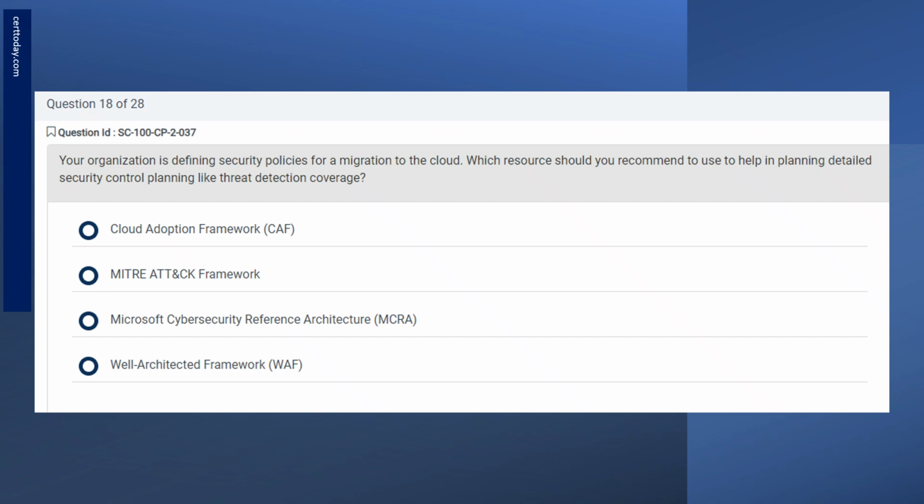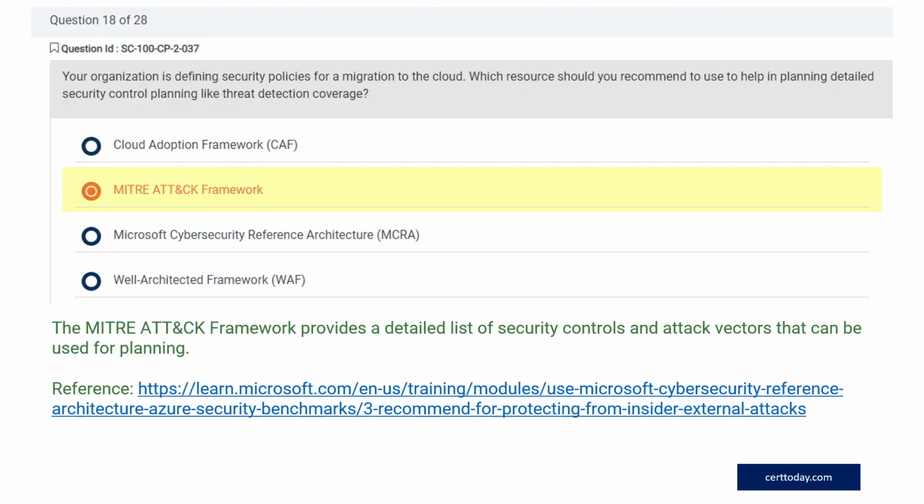C. Microsoft Cybersecurity Reference Architecture, MCRA. Or D. The Well Architected Framework, WAF. The MITRE ATT&CK framework provides a detailed list of security controls and attack vectors that can be used for planning.